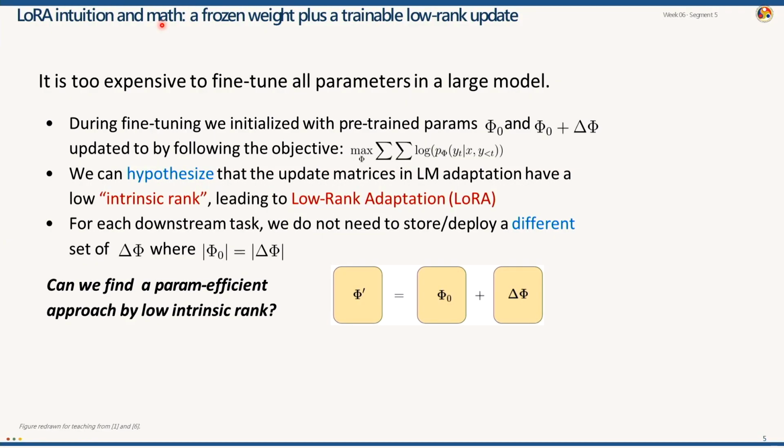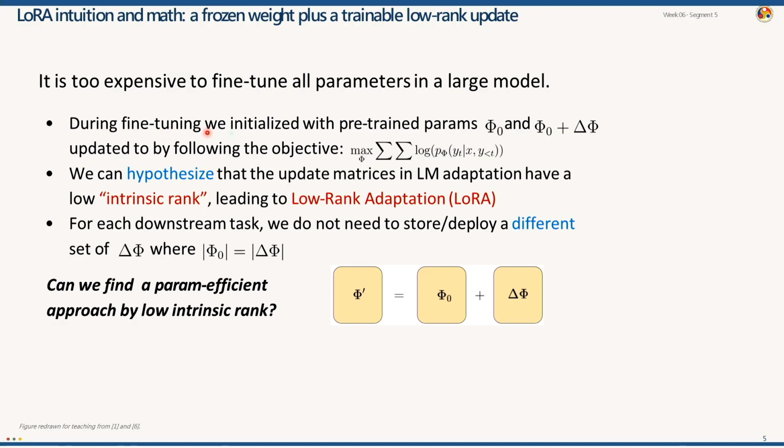LoRA, on the other hand, is a frozen weight plus a trainable low rank update. It is too expensive to fine tune all parameters in a large model, as we talked about. GPT-2, a very tiny model, takes around millions of parameters, as you have seen, and models can be trillions of parameters; updating them would take even 3 to 4 times more memory to sustain.